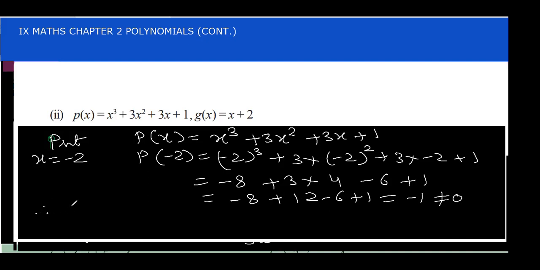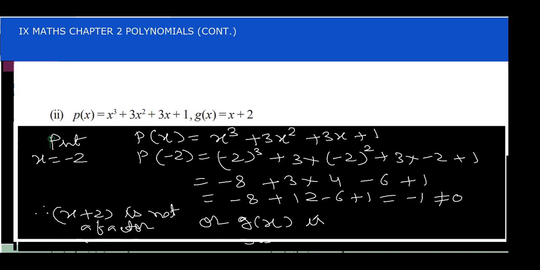Therefore, x plus 2 is not a factor, or the polynomial gx is not a factor of the polynomial px, and this is the answer. यहाँ पे आपको केवल इतना ध्यान रखना है कि जो वैल्यू रिप्लेस करें that should be equal to 0, but this value is not equal to 0.